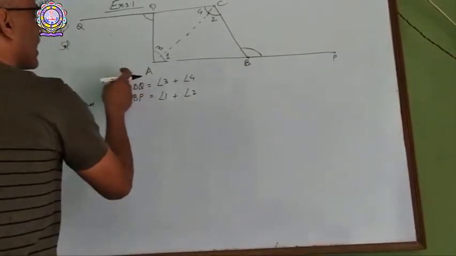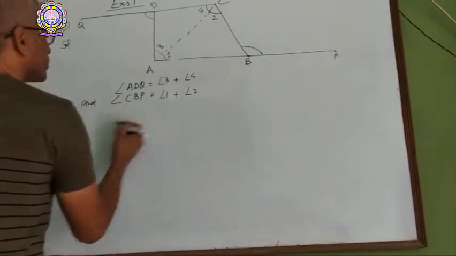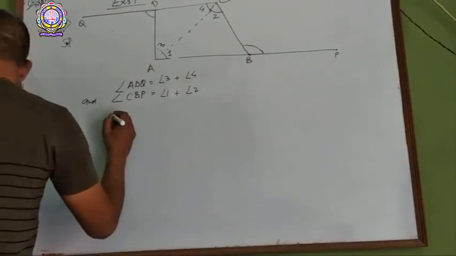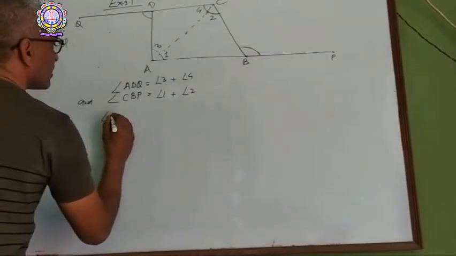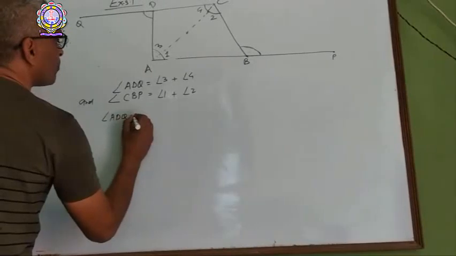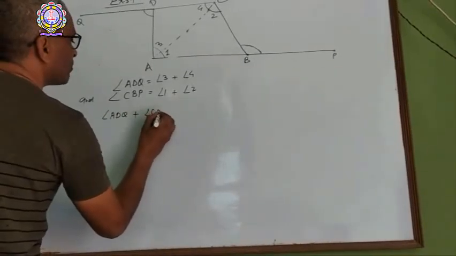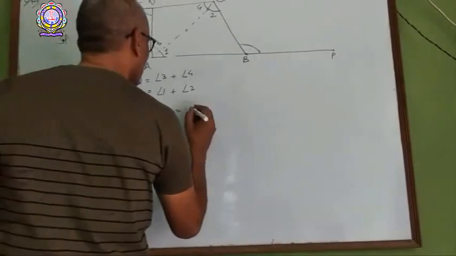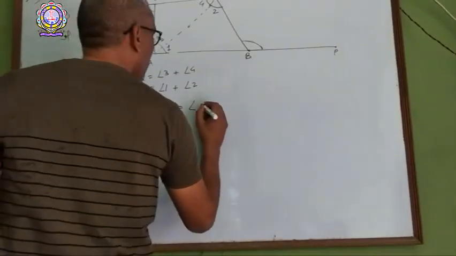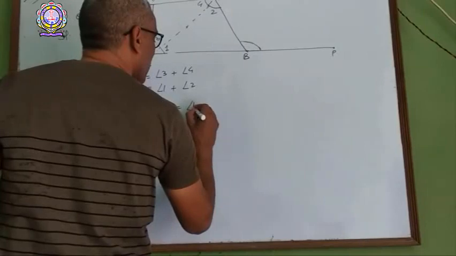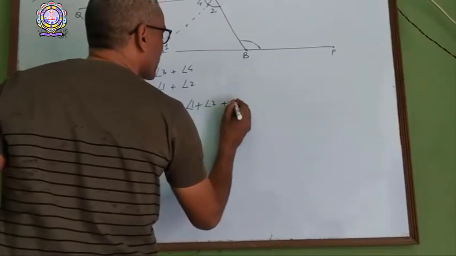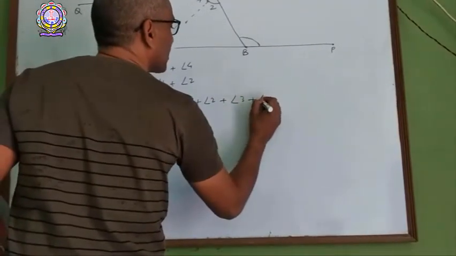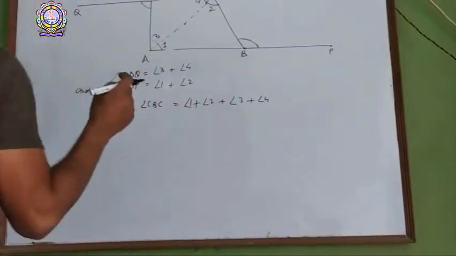If we add LHS and RHS, then we get angle ADQ plus angle CBP will be equal to angle 1 plus angle 2 plus angle 3 plus angle 4.